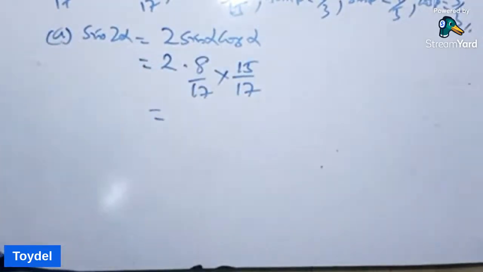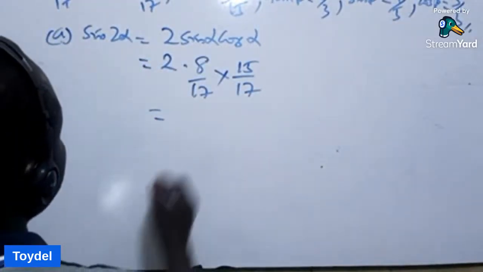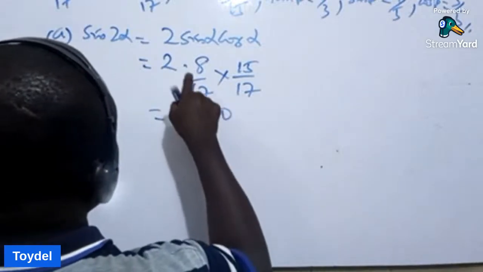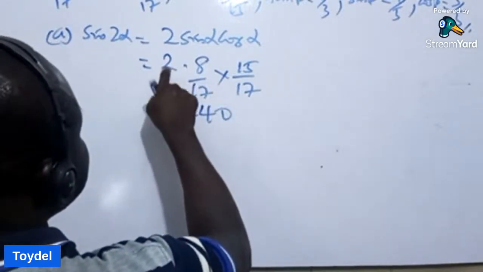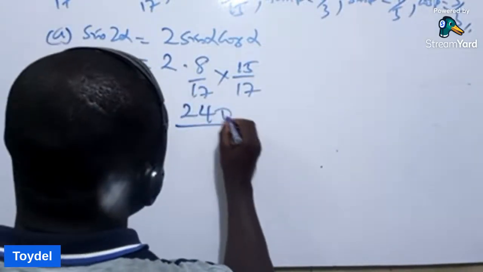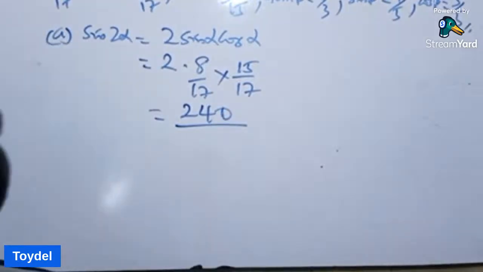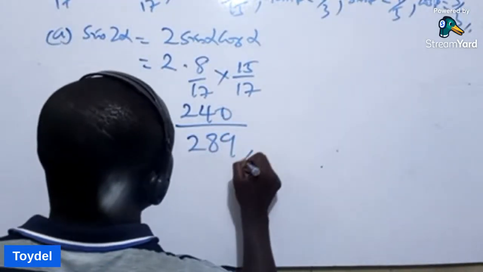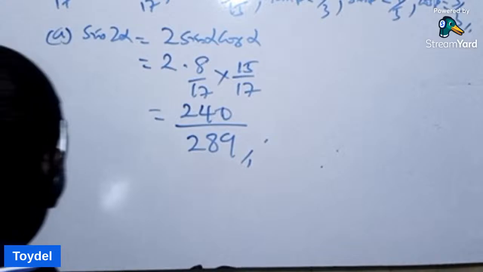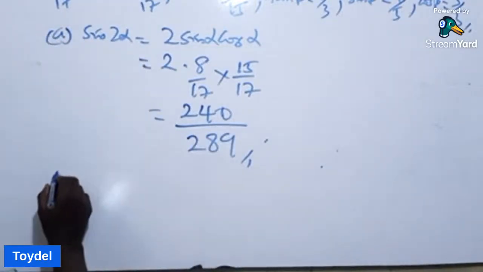If we multiply everything, we get 240, because 2 times 8 is 16, 16 times 15 is 240, divided by 17 times 17, which is 289. So this will be the answer for the first question.